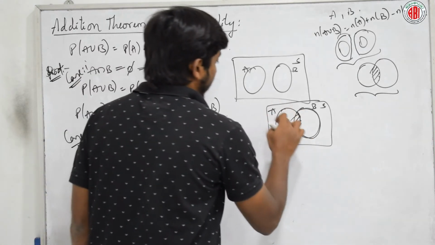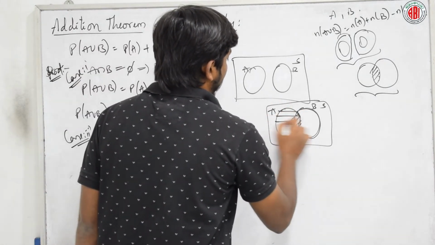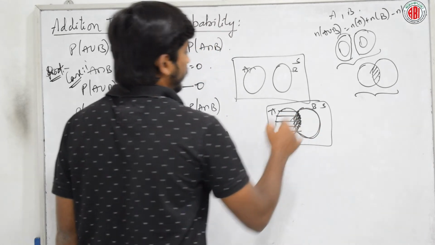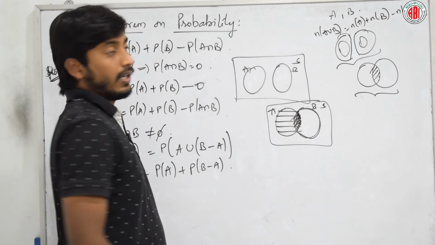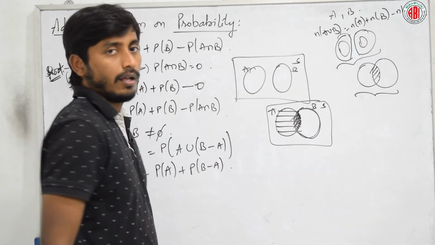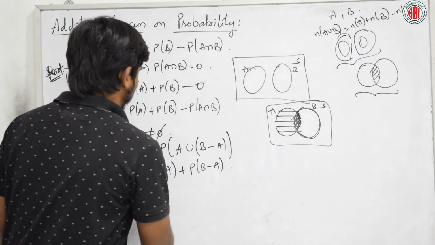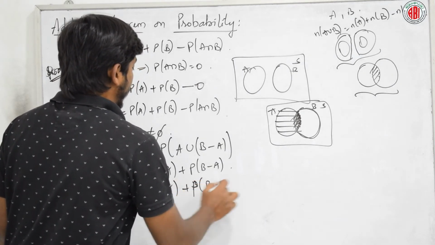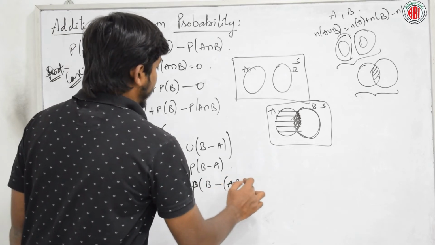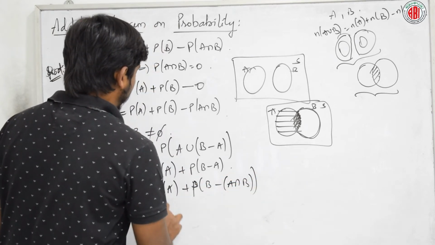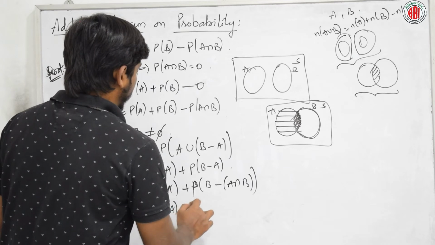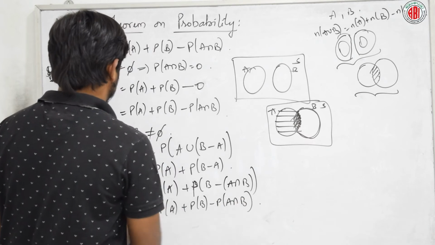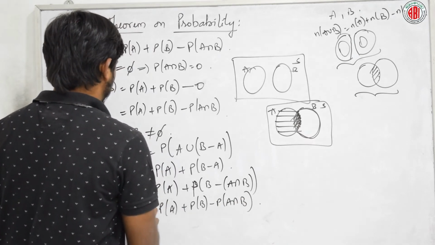Instead of A, I will write A union A intersection B. What is this? This whole area. That's it. So let us write it as P of A plus P of B minus A intersection B. So let us separate it: P of A plus P of B minus P of A intersection B. This is nothing but P of A union B.